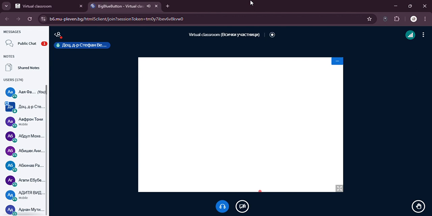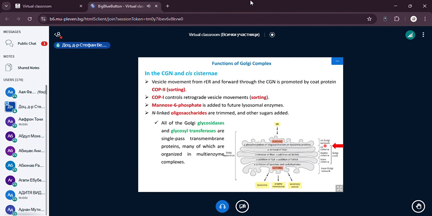And then what happens in the cis-Golgi network and the cis-cisterne of the dictyosome? When these newly synthesized proteins reach the cis-Golgi network via vesicles coated with coatomer protein type 2, they are initially checked whether they need to be sent to the Golgi complex or they have reached the Golgi complex by mistake.